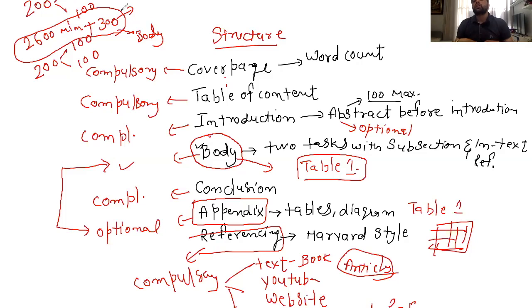And the conclusion: what information the reader understands from your assignments, from your reports, that quality information. Make sure you do not repeat in your conclusion what you have written in your introduction. Don't repeat that, right? Introduction means what you're going to do and what is the outcome from this report, this assignment. For example, let me give you an example.